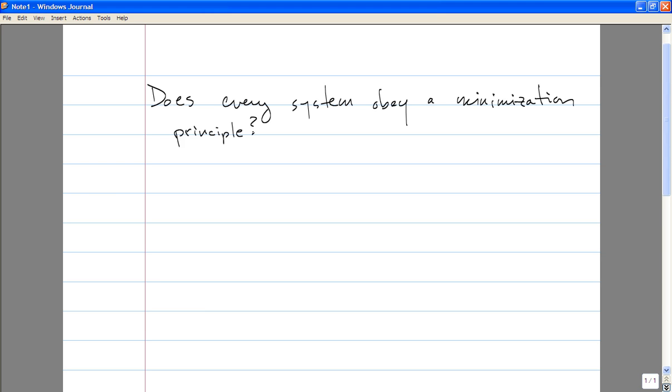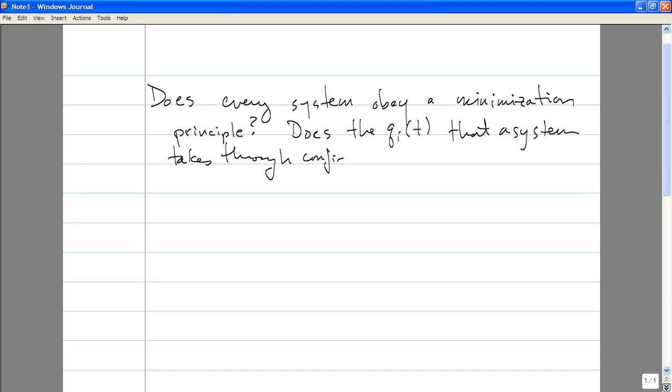Or, in other words, does the path that a system takes through configuration space extremize some function or some functional that will be a functional of the path through configuration space. And the claim, which I demonstrated last time, is that the answer is yes.